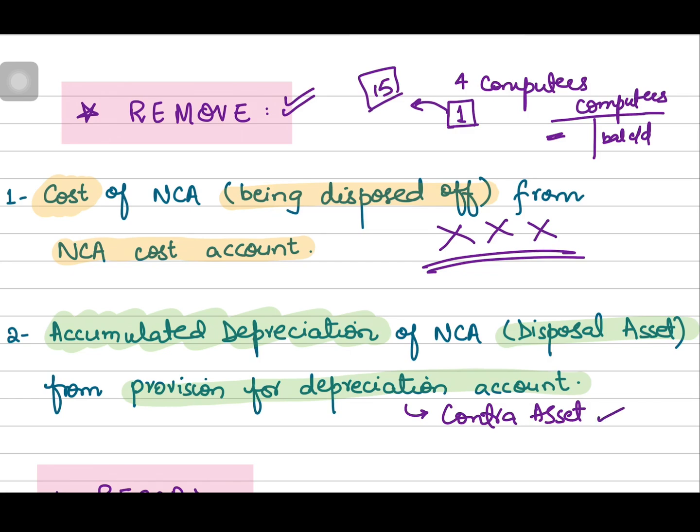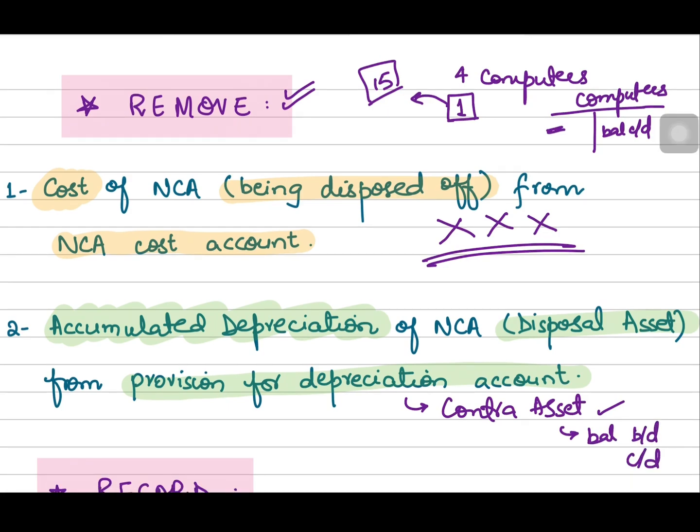Again, since this account also has a balance brought down and a balance carried down, the accumulated depreciation is being carried down as a balance brought down figure from the past 15 years. You had been calculating depreciation for every year till 15 years. This depreciation is there in the T account of provision for depreciation as accumulated depreciation on this computer.